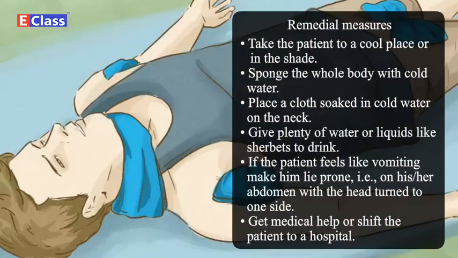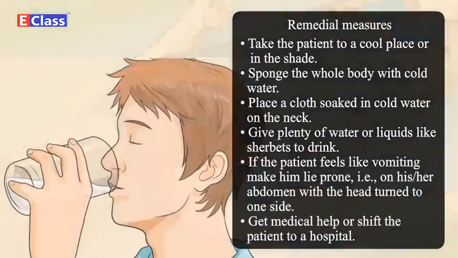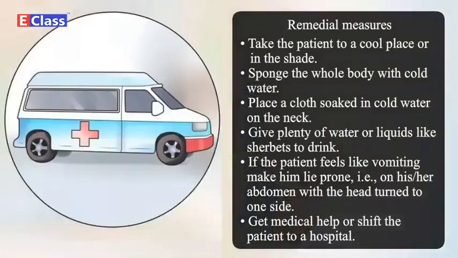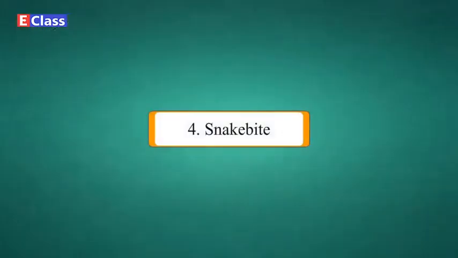Place a cloth soaked in cold water on the neck. Give plenty of water or liquids like sharbats to drink. If the patient feels like vomiting, make him lie prone, that is, on his or her abdomen with the head turned to one side. Get medical help or shift the patient to a hospital.